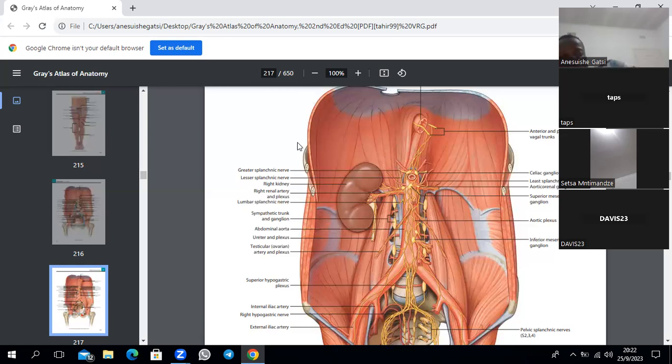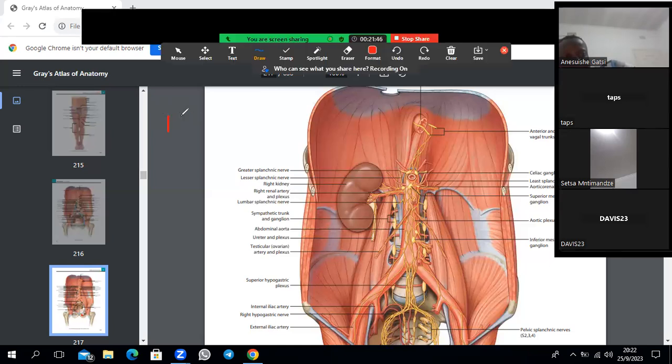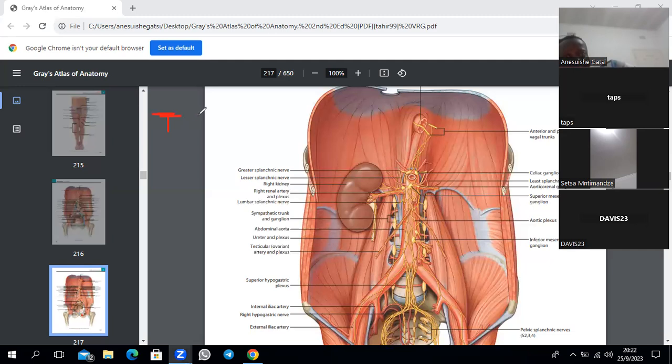And there's also this concept that I want you to get. So we have what we call the greater splanchnic nerve, which is T7 to T9, then T10 and T11, they form something called the lesser splanchnic. Then T12 is the least splanchnic. Right.